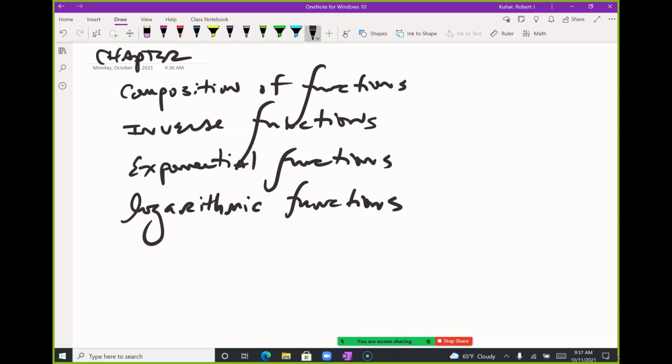And then we're almost done. All we have to do after that are our trigs, right? After we do these, all that's left is trig. 3 chapters of trig.